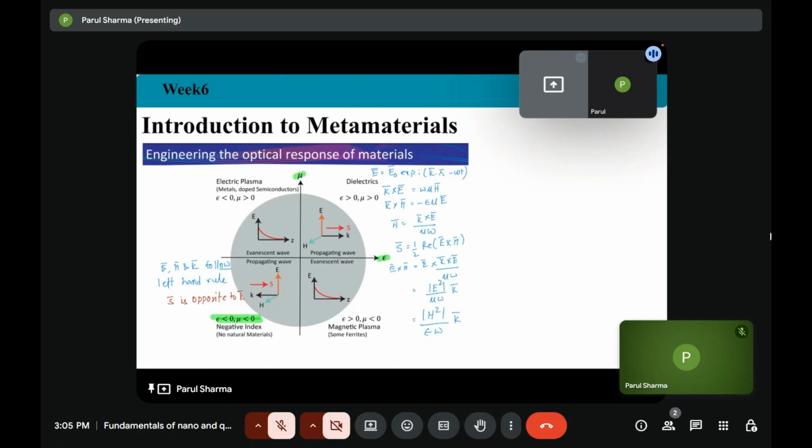So today we will focus on what are known as metamaterials and metasurfaces.